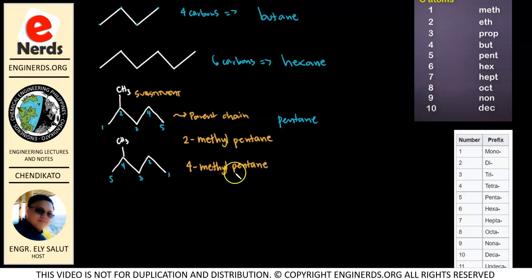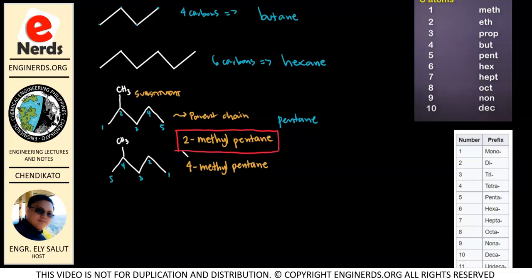Okay, so based on this, which is the correct name? This will be the first rule that we should remember. For this example, we need to choose the one having the lower number for the location of our substituents. So in this case, the correct answer is 2-methylpentane.